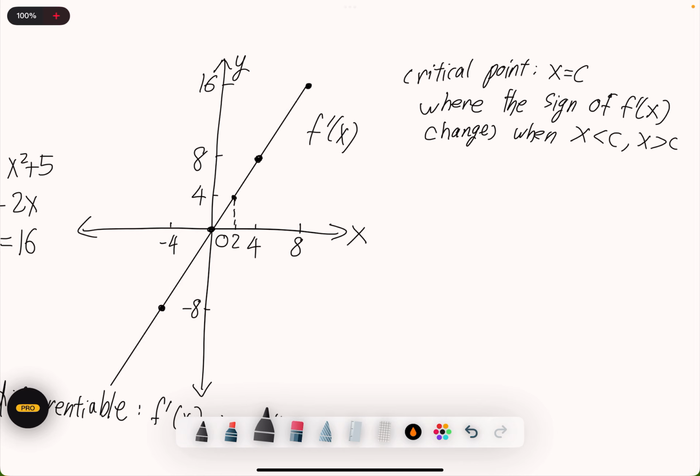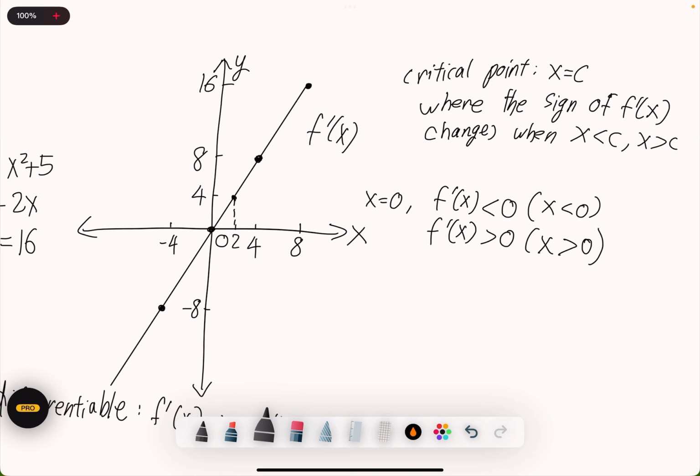The sign means the positivity or negativity. For example, x equals 0 would be a critical point in this quadratic function, because the derivative of f of x is less than 0 when x is less than 0, and the derivative of f of x is larger than 0, so it's positive here, when x is larger than 0. So this means that x equals 0 is a critical point.